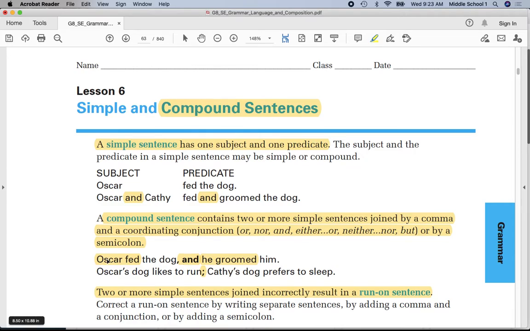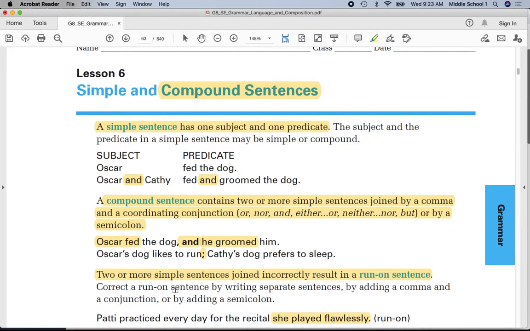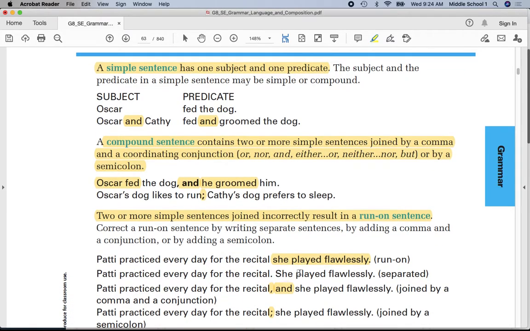Now, if it said Oscar fed the dog, he groomed him, without a semicolon or a comma and a conjunction, we're going to call it a run-on. Our third definition is 2 or more simple sentences joined incorrectly is a run-on sentence. Look at these examples.